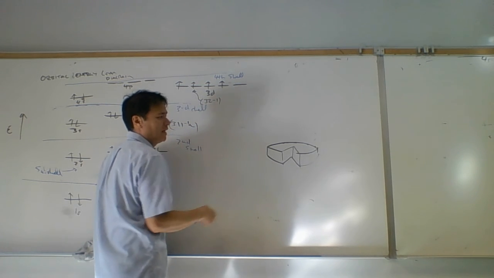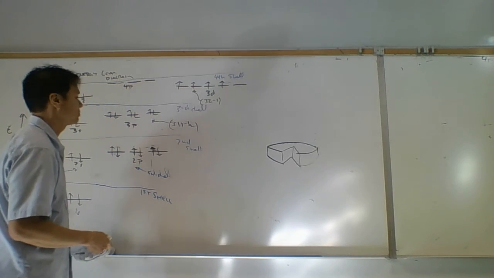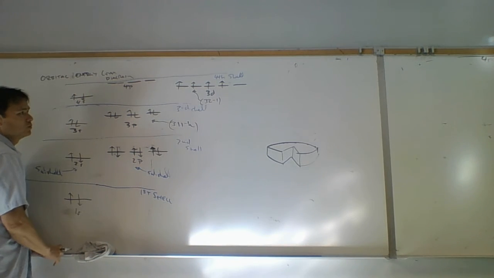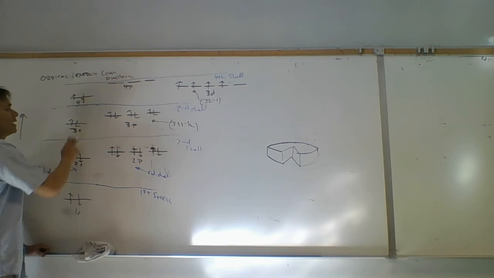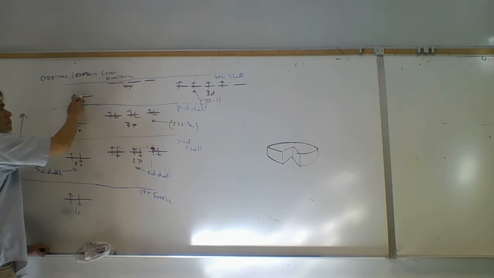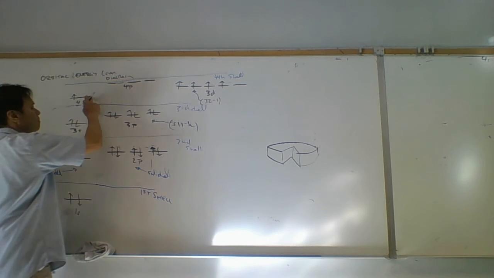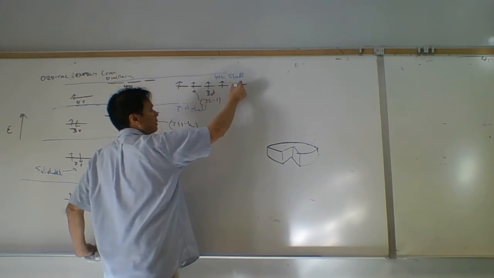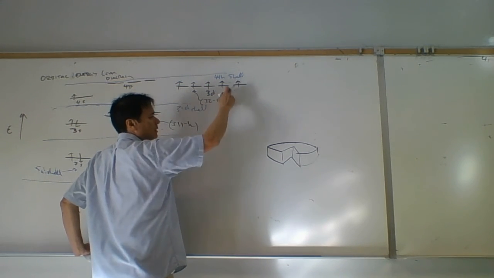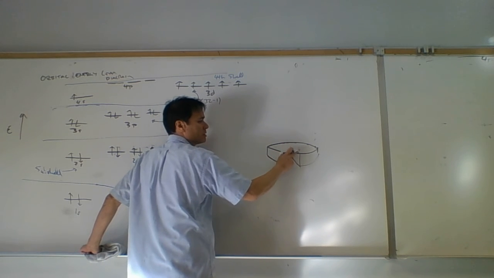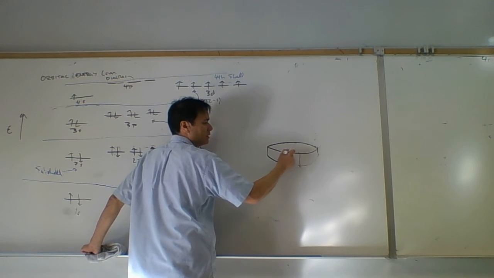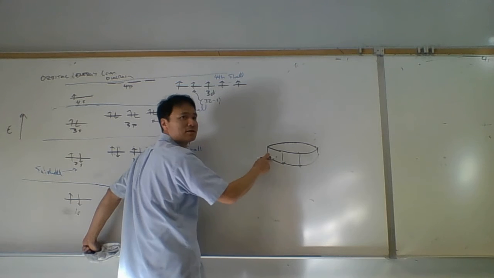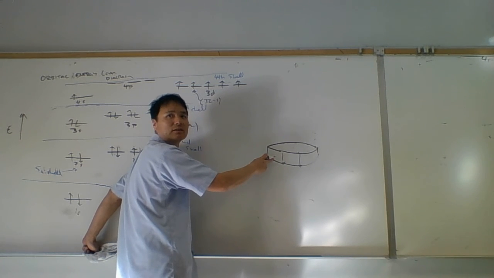Otherwise, we'd have a full half cake. A full half cake has some advantages in terms of symmetry. And so a weird thing happens with chromium, and it just happens with chromium and a couple of others, that is one of these 4s electrons pops up here. It's going to pop up a little bit in energy, but it's going to fill the remaining slice and create this symmetric half cake.